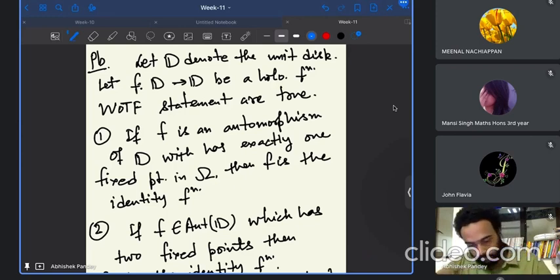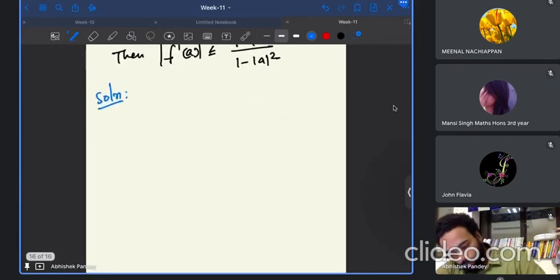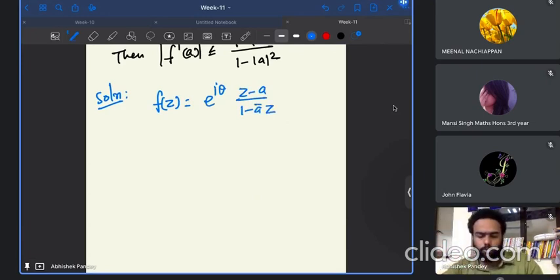If you see the form of f(z), which is e to the power i theta times (z minus a) upon (1 minus a bar z), let us first take e to the power i theta equal to 1.